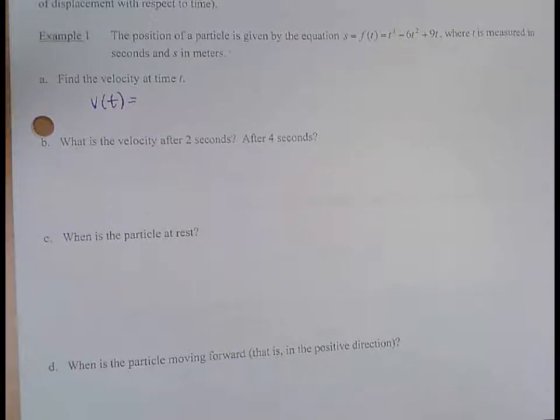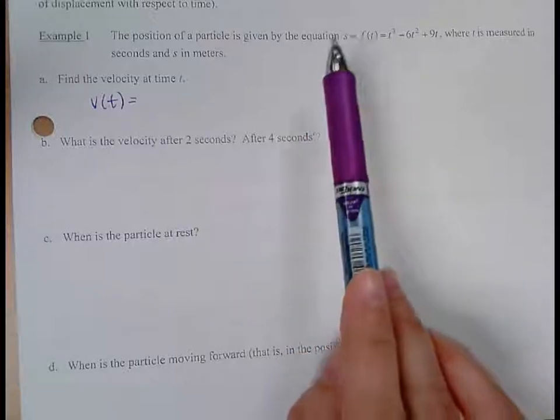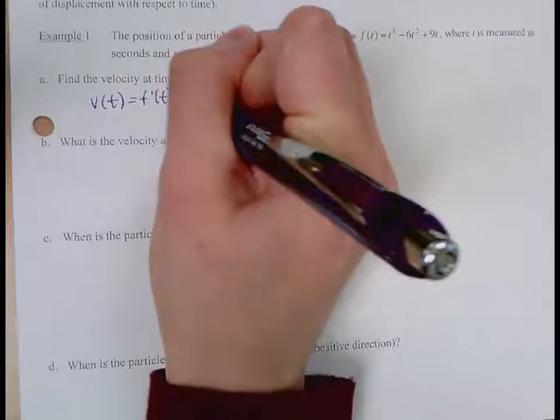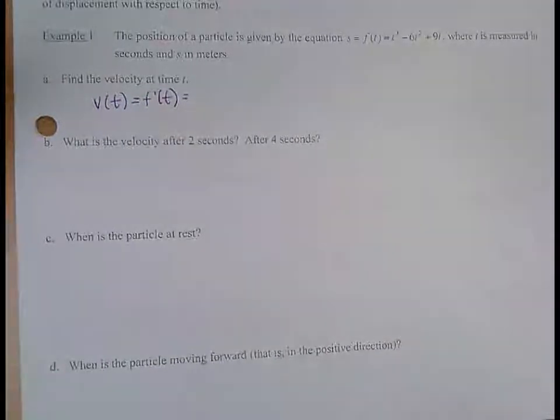All right, so velocity is going to be the first derivative, f prime of t. We've talked about that idea already. So given f of t above, what would the velocity function be?